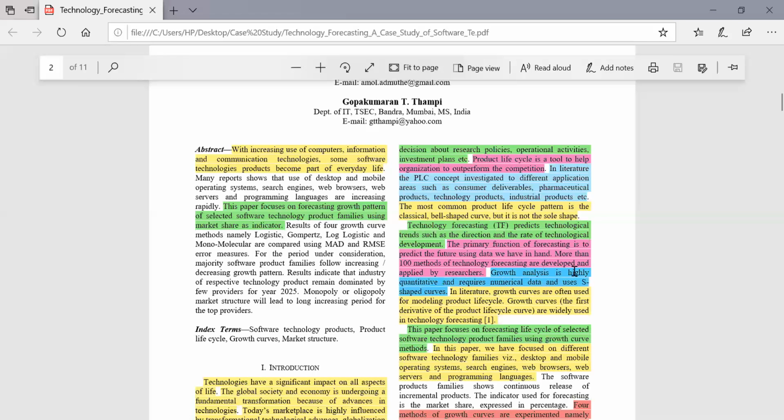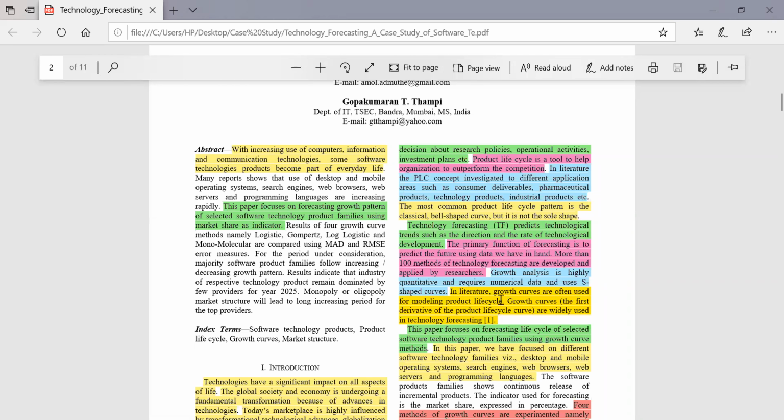And hence growth analysis is always quantitative, and it requires a set of numerical data, and it always uses S-shaped curves. So the S-shaped curve is the other pattern of the product life cycle. What we have studied is the bell-shaped curve, so we'll come to it. Related to that, again in the literature, growth curves are often used for modeling product life cycle.